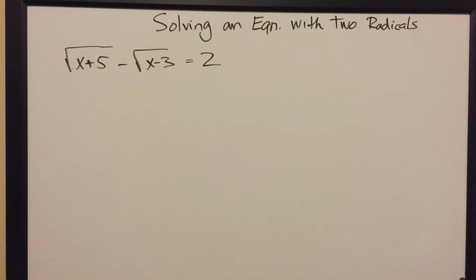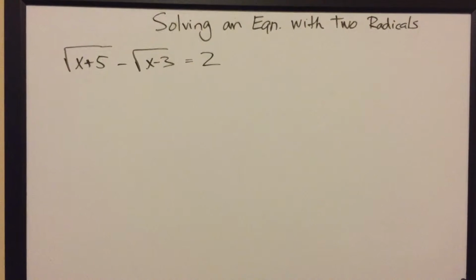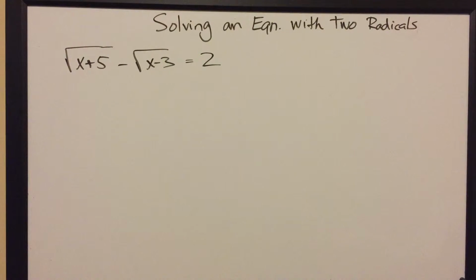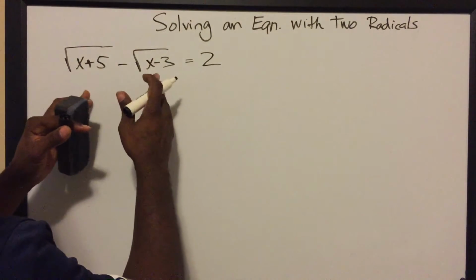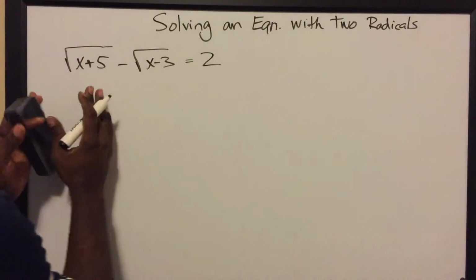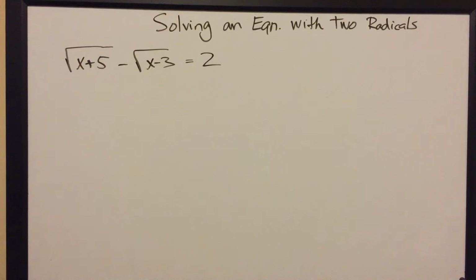So first thing we want to do, as I said in the last problem, is isolate the radical on one side. So we have 2 over here, but we're going to just move one radical to the other side so we can have 1 over here. And then we're just going to square both sides. But this one can be tricky.